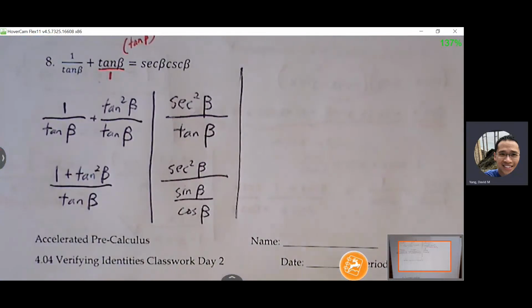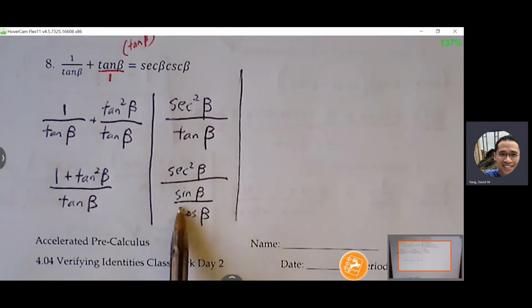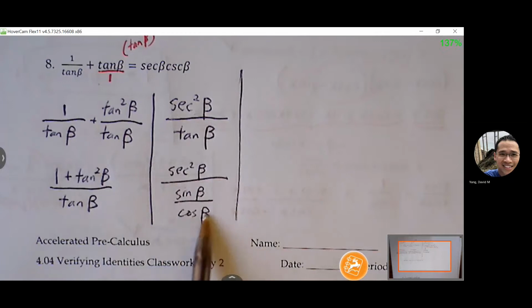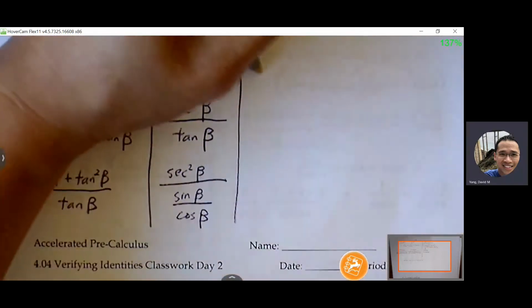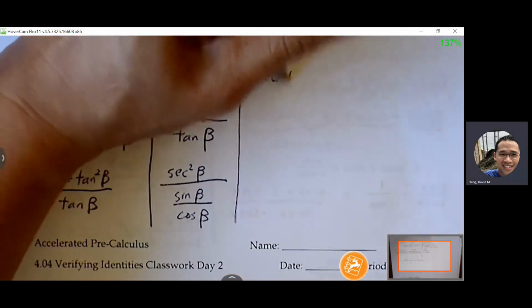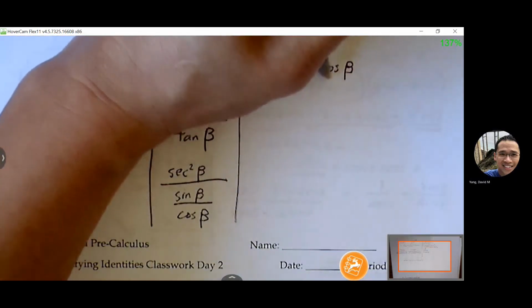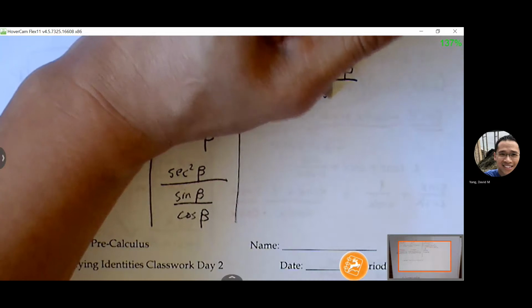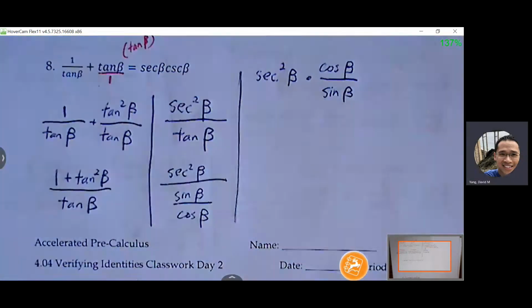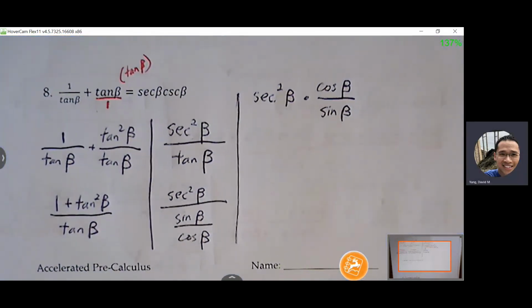Dividing by a fraction, we can multiply by the reciprocal. So I multiply by the reciprocal.